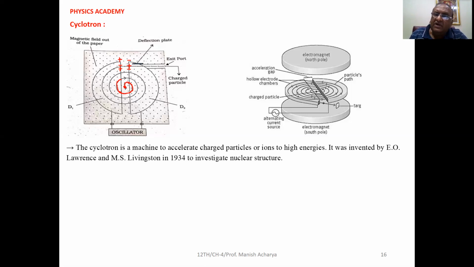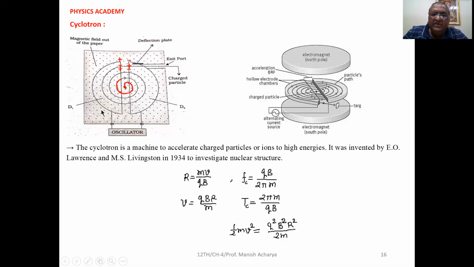It is used to destroy the cancerous cells by bombarding these types of highly energetic particles on the cancer cells. And these are also used to develop artificial radioactive elements.